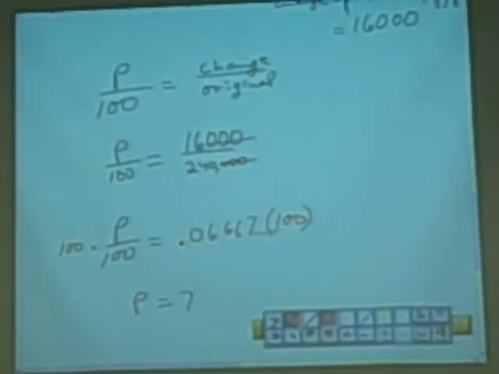P equals 7%. Because that'll come out to be P equals 6.666666, and just, right, percent. So we're going to just draw our line at the decimal point, with the 6, and we just round it up to 7. Okay?